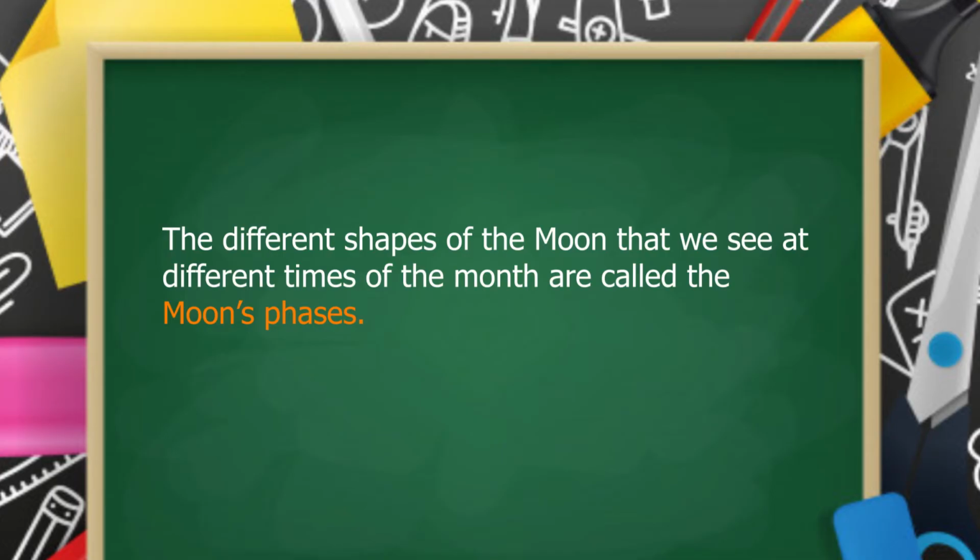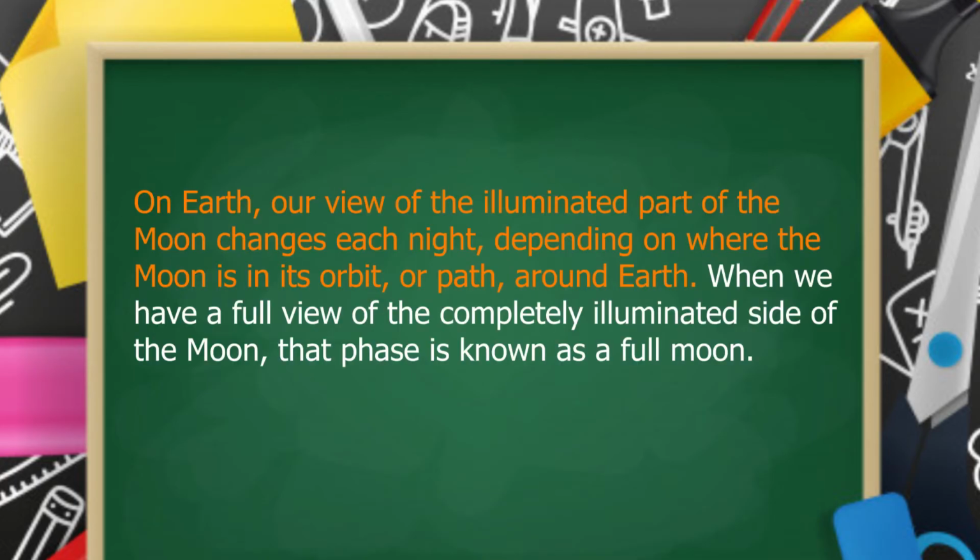The different shapes of the moon that we see at different times of the month are called the moon phases. On Earth, our view of the illuminated part of the moon changes each night, depending on where the moon is in its orbit, or its path around the Earth.